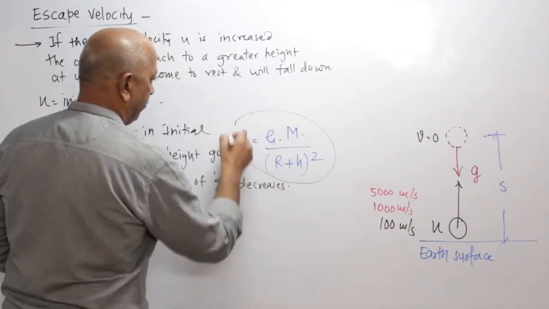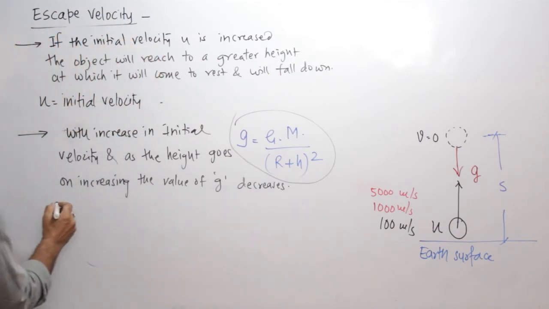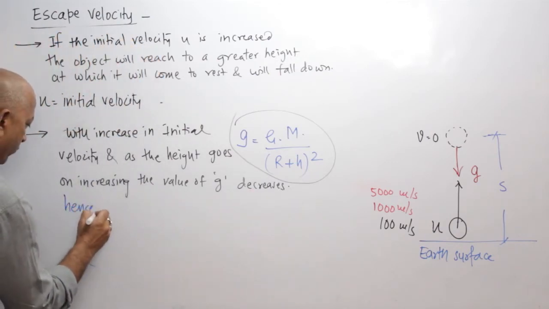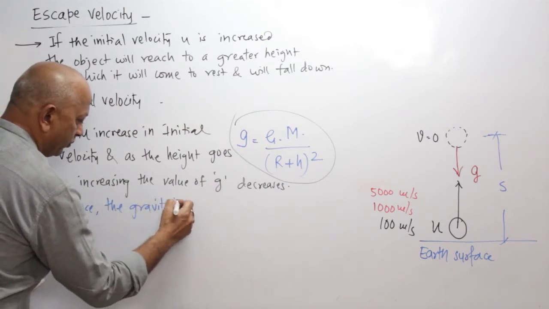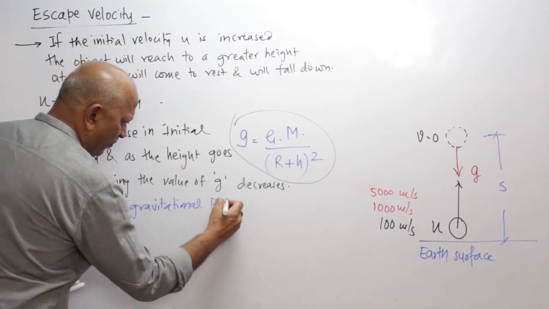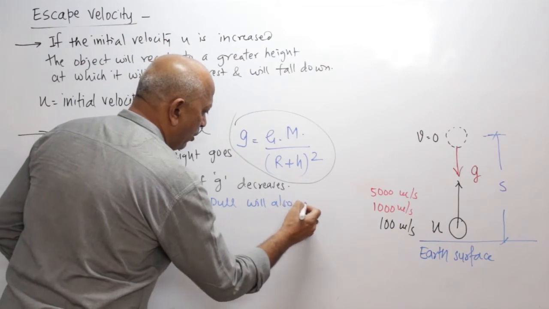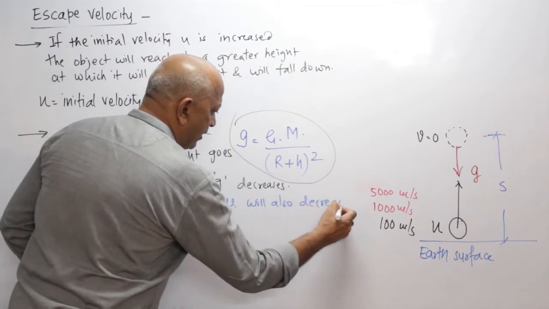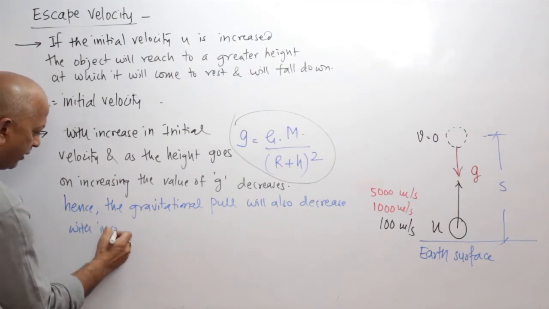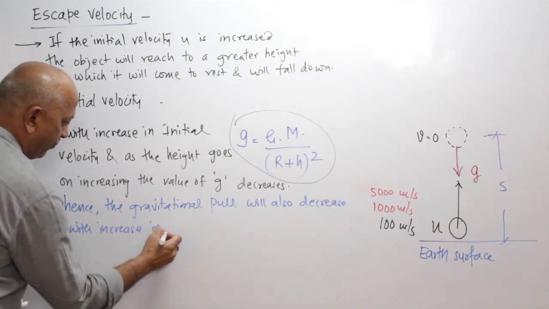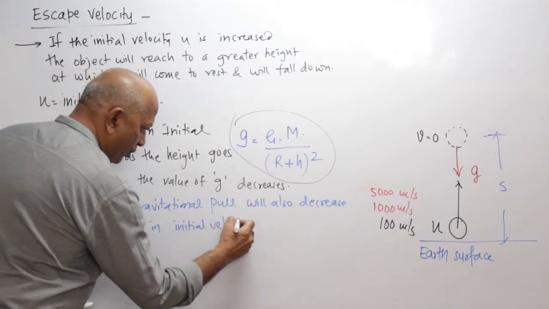This is the equation. The value of g decreases. Hence, the gravitational pull will also decrease with increase in initial velocity. कुछ समझ में आ रहा है?